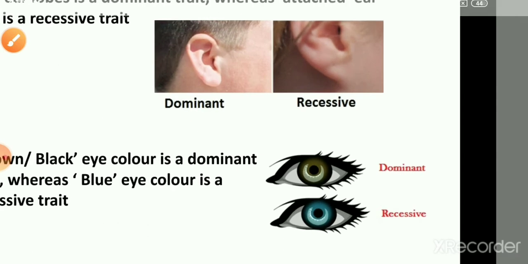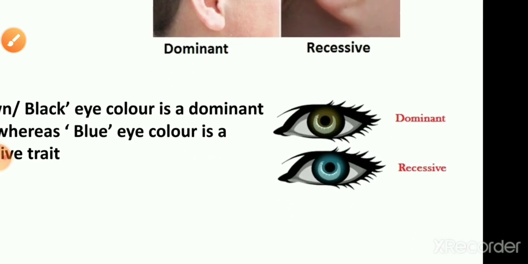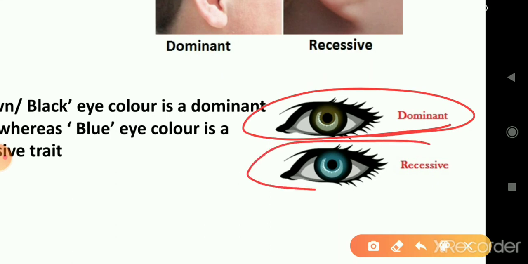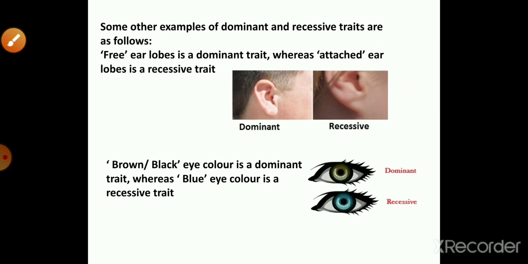Similarly, in terms of eye color, black or brown eyes are a dominant trait, and the recessive one is blue eyes. So that's about the monohybrid cross. In the next video, I'll be discussing the dihybrid cross and what conclusion Mendel made on the basis of the dihybrid cross.